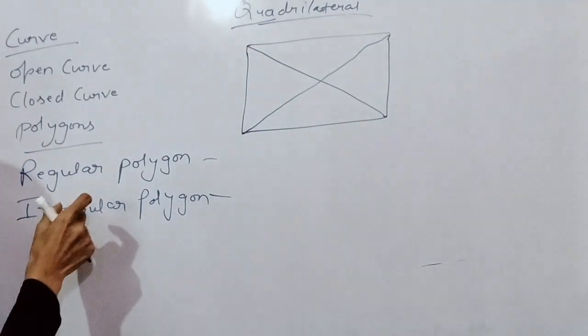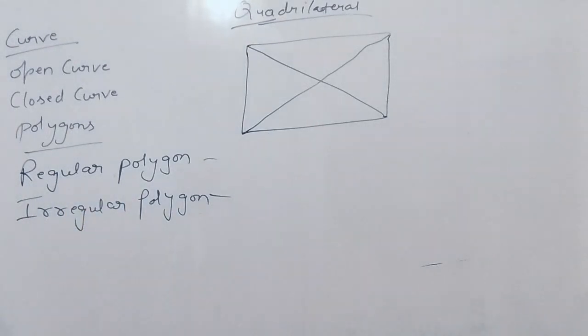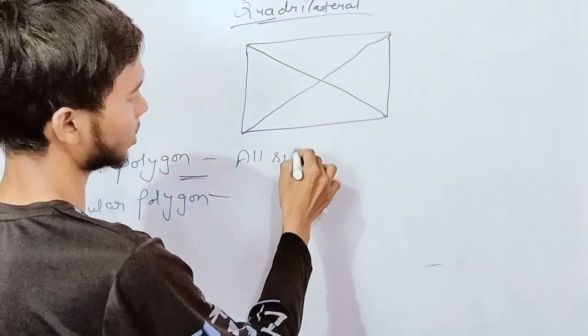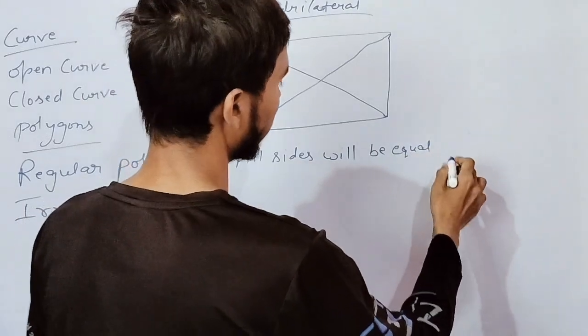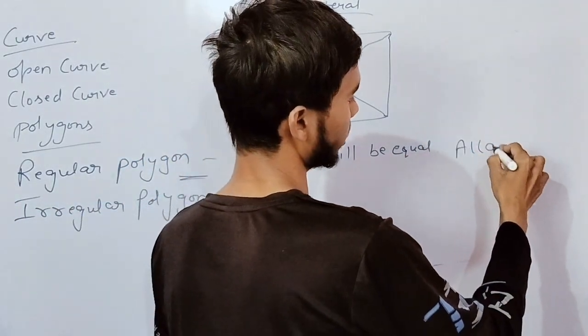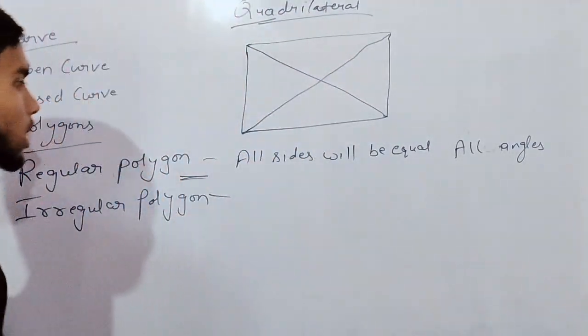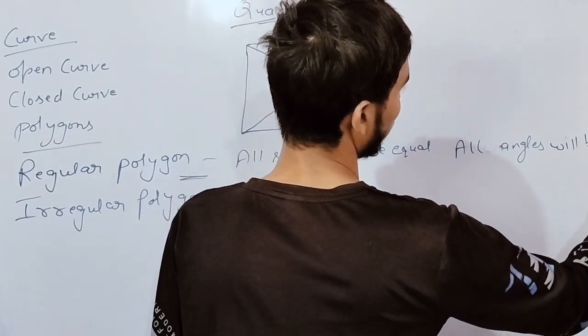Before that, we will have to understand the meaning of this and this. Regular polygons are those polygons where all sides will be equal, and all angles will be equal. Clear? All angles will be equal.